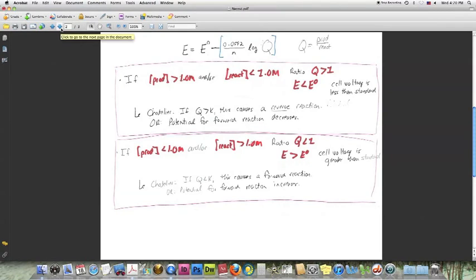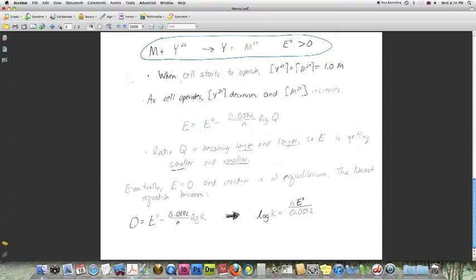The last point to make about these equations, I've just written kind of an overall generic oxidation reduction reaction. We know that they typically look like this, where we start with one metal in a solid form and the dissolved form of a different metal, and we end up with the solid Y and the dissolved M. Let's say that this is just some generalized spontaneous redox reaction, so it has a voltage that's positive, greater than 0.